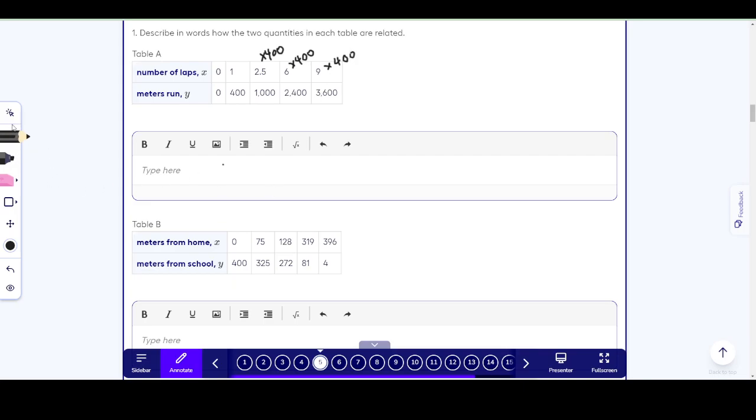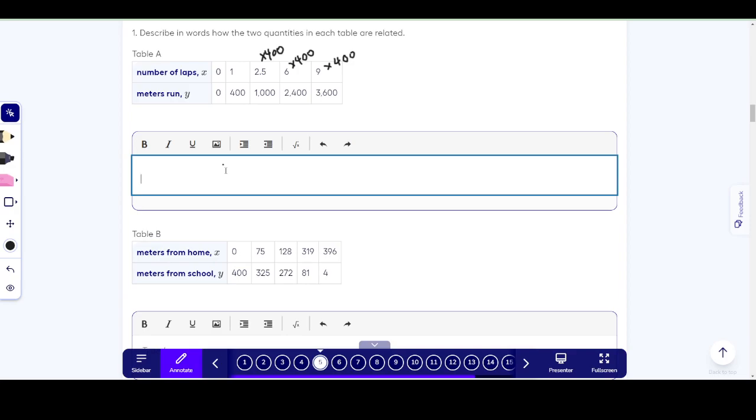So it looks to me like for table A, every lap is 400 meters, which means that you would take x and multiply it by 400. Okay.